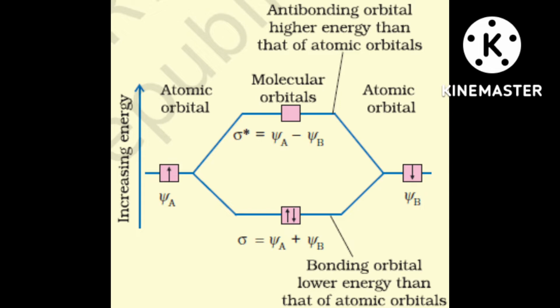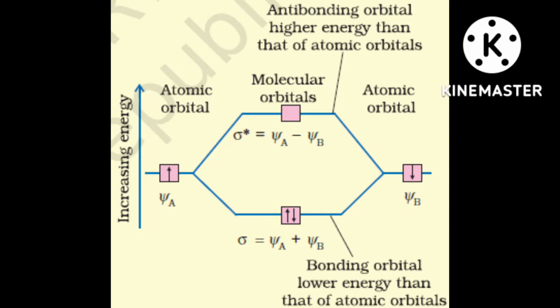Third, while an electron in an atomic orbital is influenced by one nucleus, in a molecular orbital it is influenced by two or more nuclei, depending upon the number of atoms in the molecule.